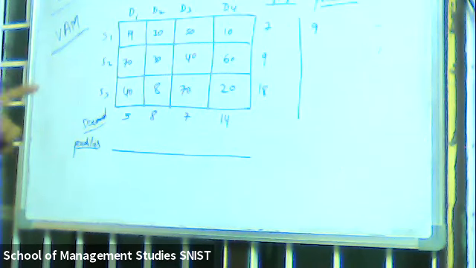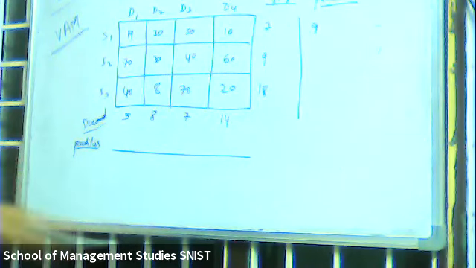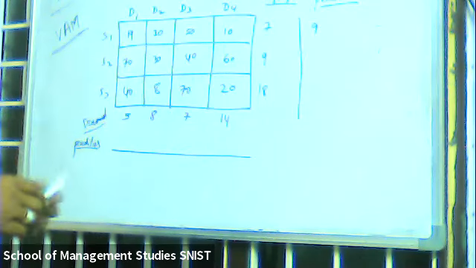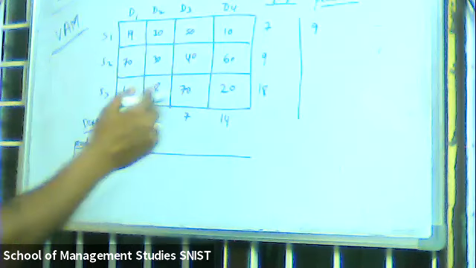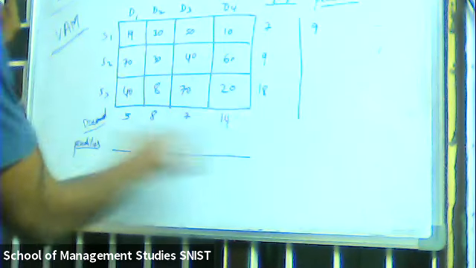Sir, can you please explain again? Yes, listen carefully. Under VAM method, first you have to check demand and supply.